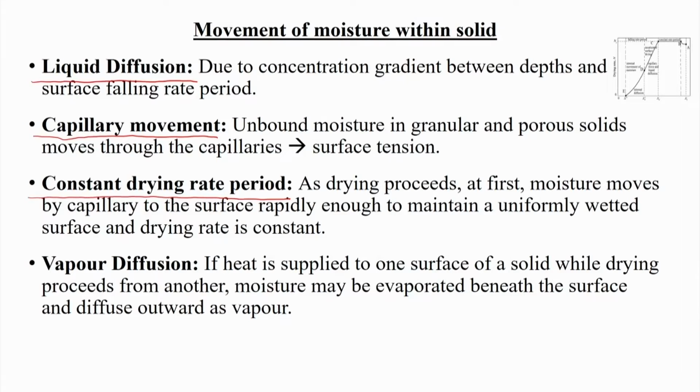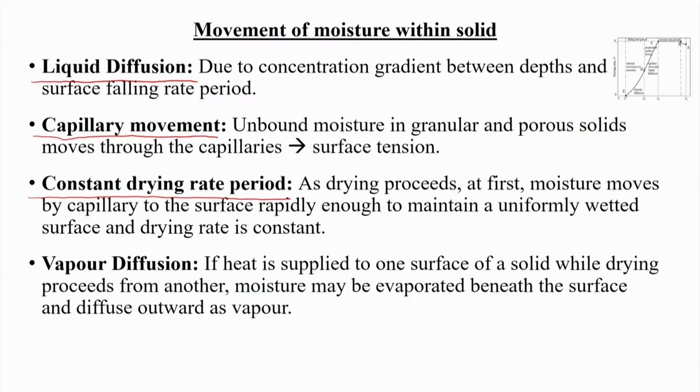Whenever we have a huge amount of moisture inside the solid, moisture will move by capillary to the surface very easily, and as we know, evaporation is entirely dependent on the surface area from where it is evaporating. In the beginning the wet solid will not shrink, or will remain as such for a long period of time.